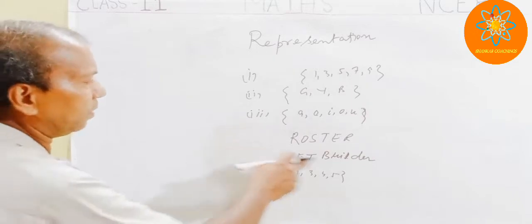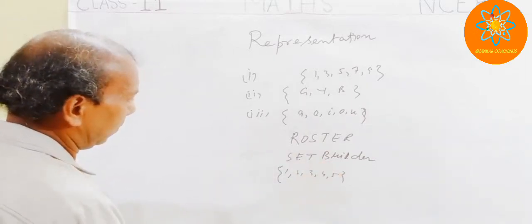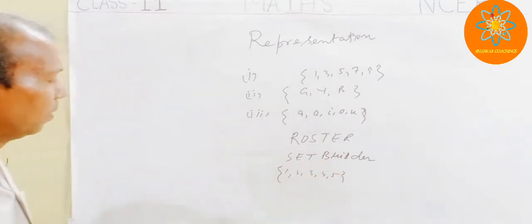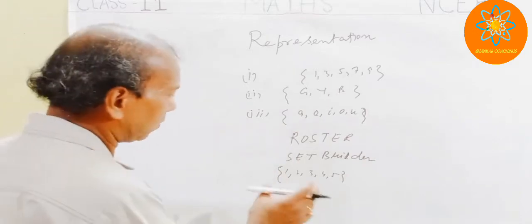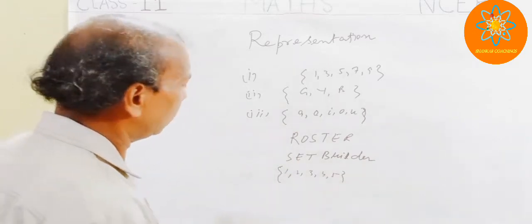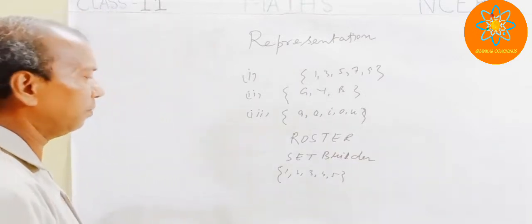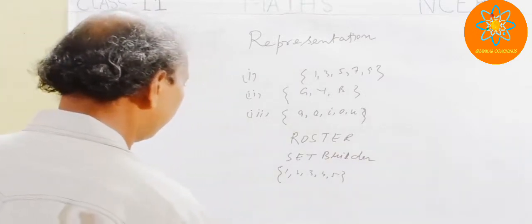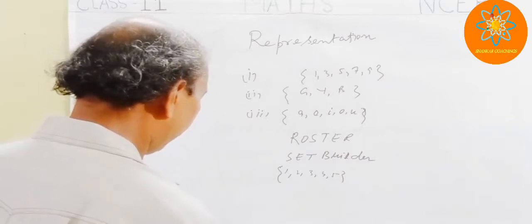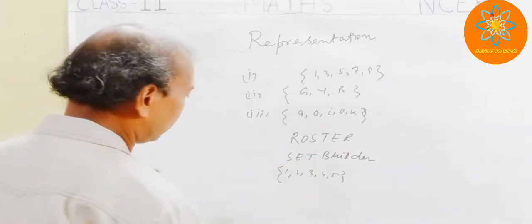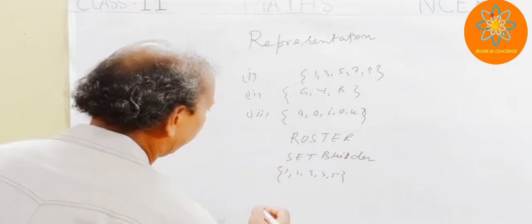Now in the set builder form, the numbers are not separated by commas, and there are certain statements. For example, let's suppose I am writing the set of vowels in the set builder form.